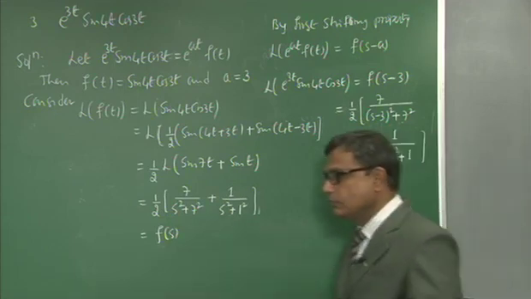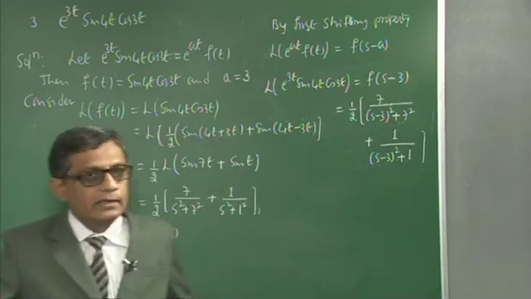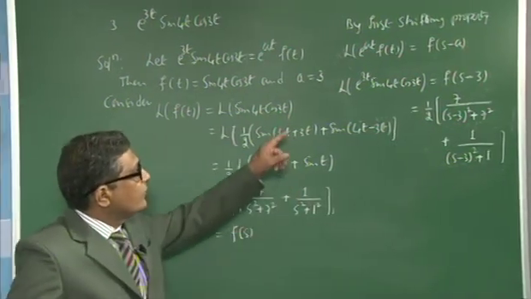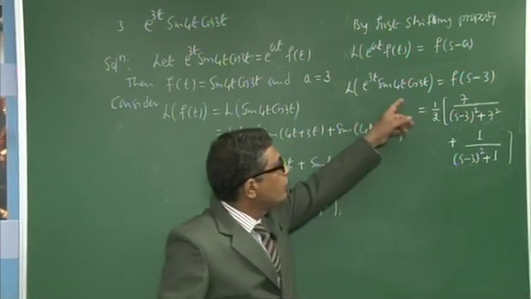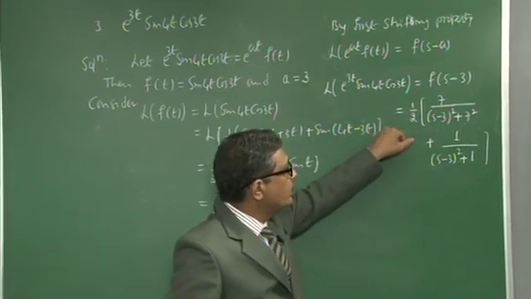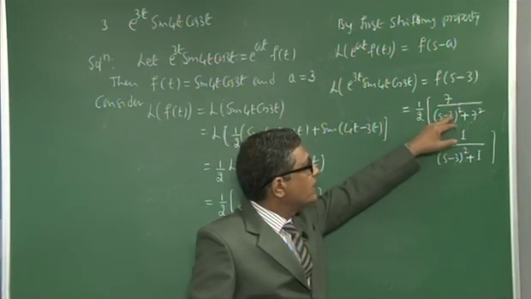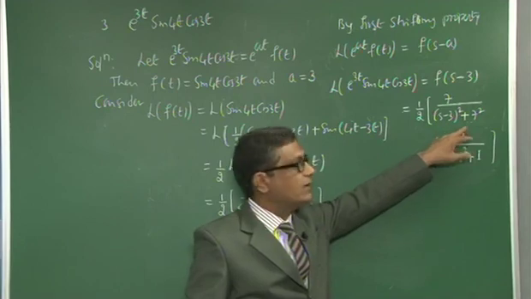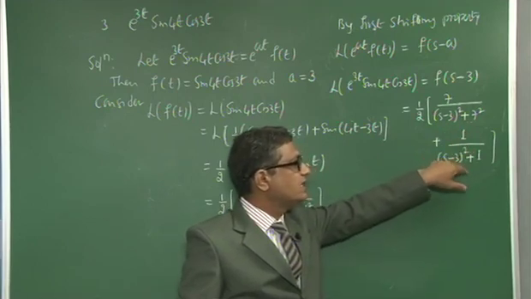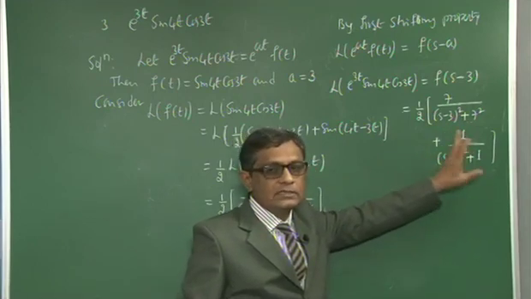Now, this is your required Laplace transform for L of e raised to 3t sin 4t cos 3t, which is 1 by 2 into 7 divided by s minus 3 whole square plus 7 square plus 1 divided by s minus 3 whole square plus 1.